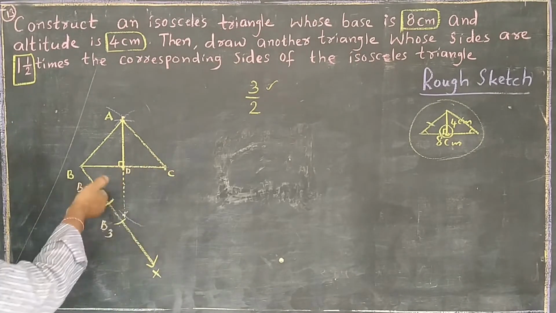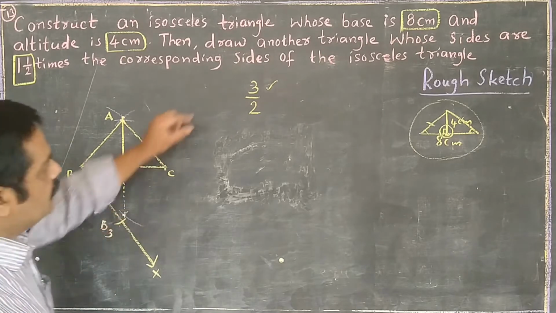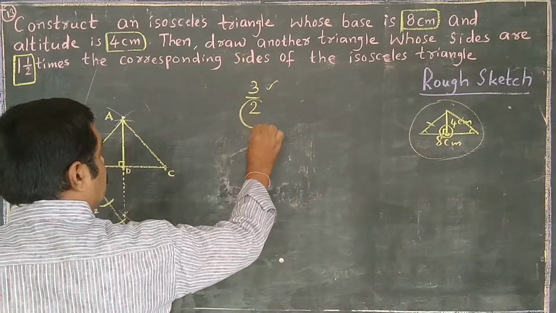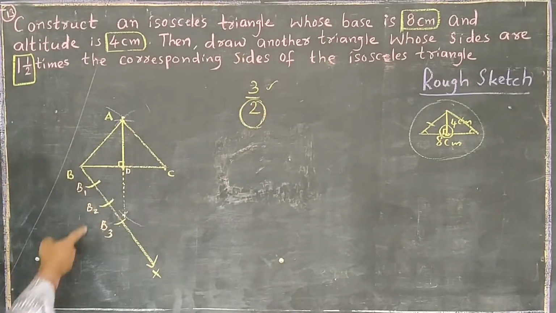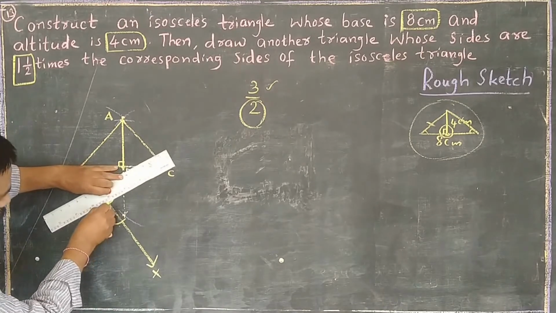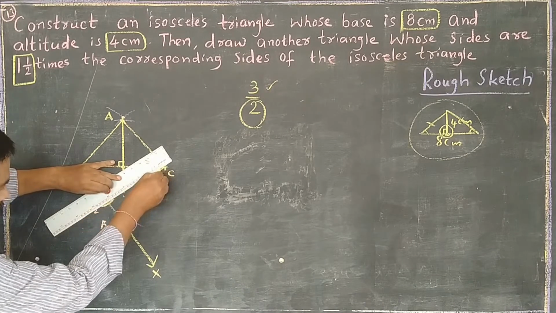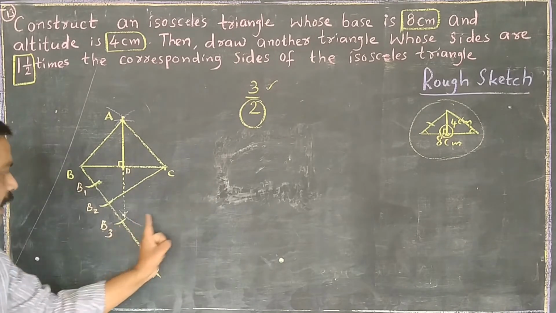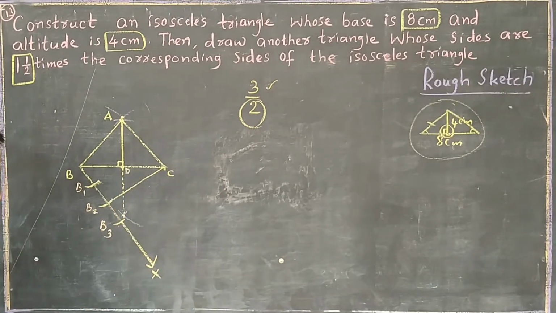Now join C from which letter? What is the denominator here? 2 is the denominator, so from B2 join C. From B3, draw a line parallel to B2C.